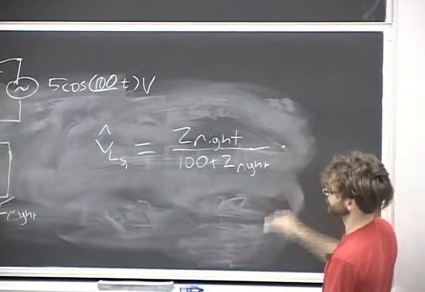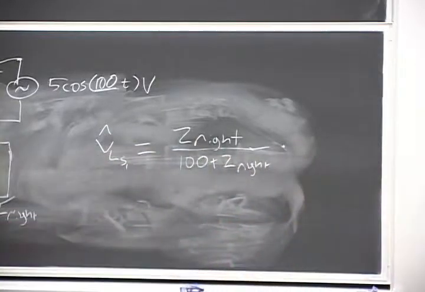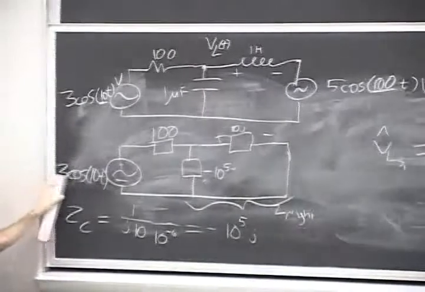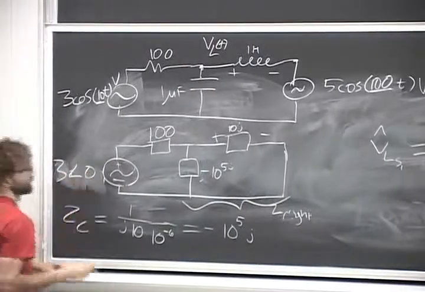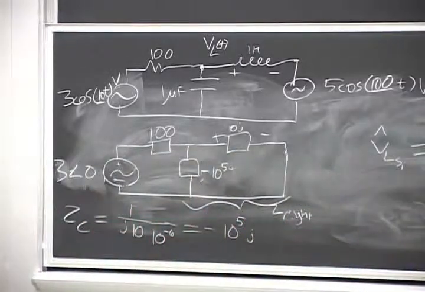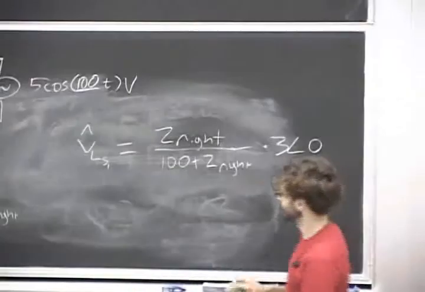So that's something we haven't done over here. What do we want to do with this thing? We'll just call it 3 angle 0. So that's going to be times 3 angle 0. So we have Z right. So how do we find Z right?